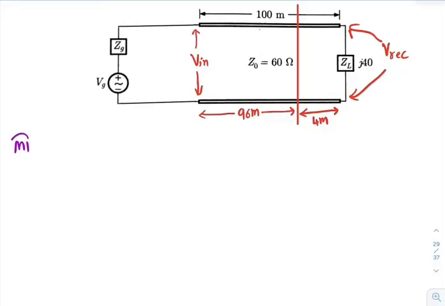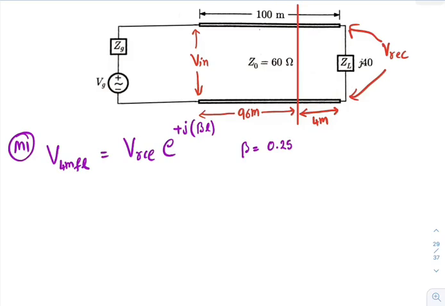In the first method, the voltage at 4 meters from load equal to voltage at receiving end into e power plus j times beta L, where beta equal to 0.25 radian per meter and L equal to 4 meters. Since at the starting we considered that this point is Z equal to 0 and you are traveling in this direction, you have to put a positive sign here.